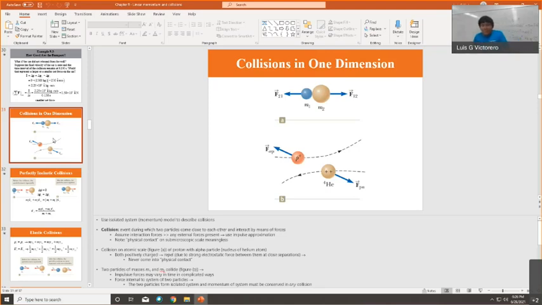What's funny is that in everyday life, inelastic may be the most common type of collision. In every collision, momentum is conserved. We know that by the definition of an isolated and a non-isolated system.